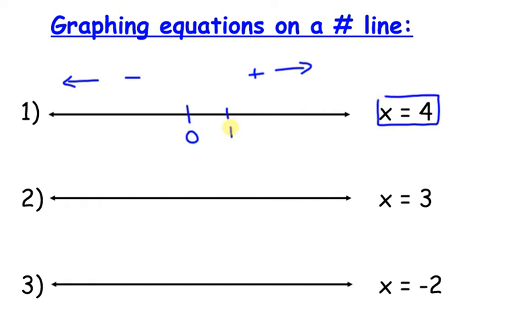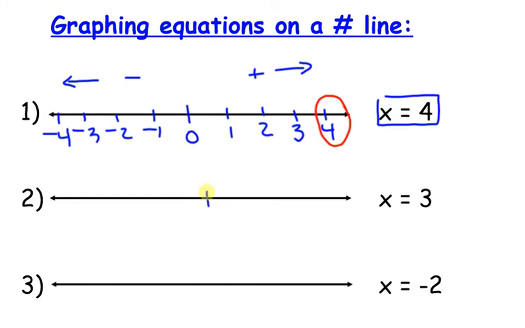So we're going to graph 1, 2, 3, and 4. And then the other way is negative. Negative 1, negative 2, negative 3, and negative 4. So where is x equals 4? Well, it's right here.